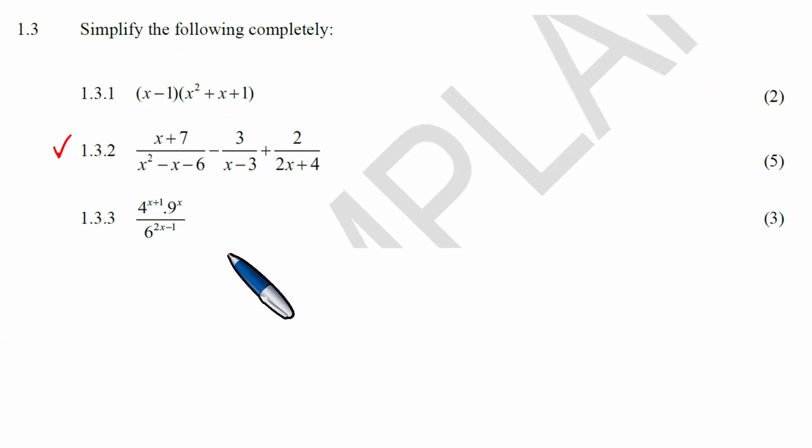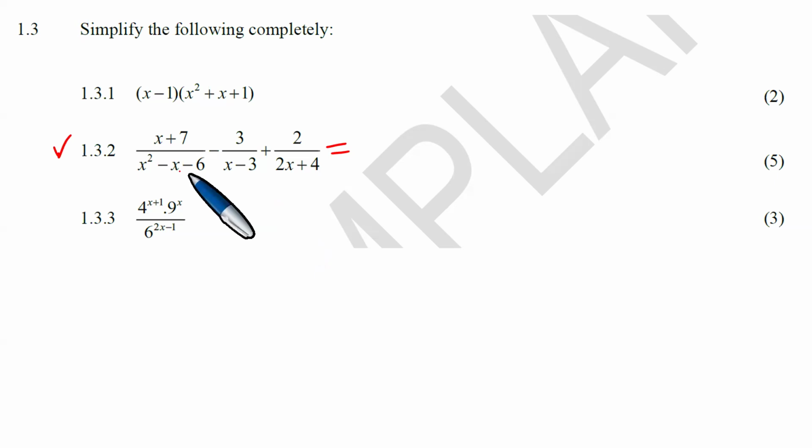After having dealt with the denominator, we do the following. It's a little bit difficult, right? What do you think we do?